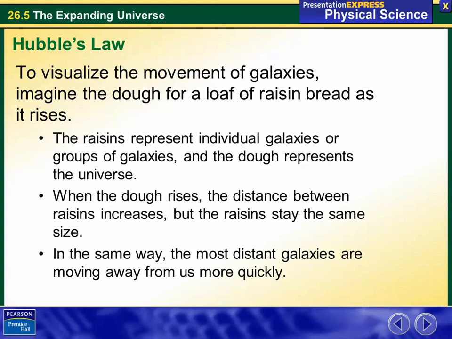So to give a simpler visualization for how galaxies move, they use raisins and a loaf of bread. Raisins represent individual galaxies or groups of galaxies, and the dough represents the universe, and we'll see a picture of this in a moment. When the dough rises, the distance between the raisins increases, but the raisins stay the same. In the same way, the most distant galaxies are moving away from us more quickly.